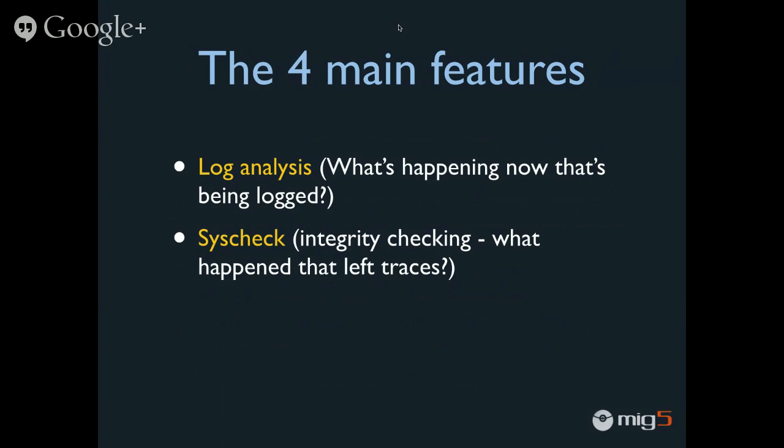Syscheck is going to tell you about that. It keeps an internal record of MD5 sums and this sort of thing. The third feature is rootcheck, that's rootkit detection, very much like Rootkit Hunter if you've used that. It also does some things that Rootkit Hunter doesn't do, which we'll go into.